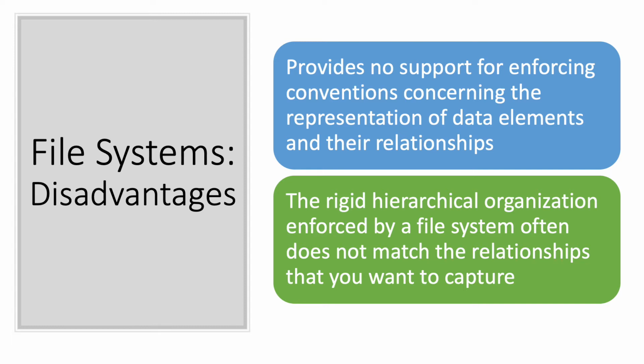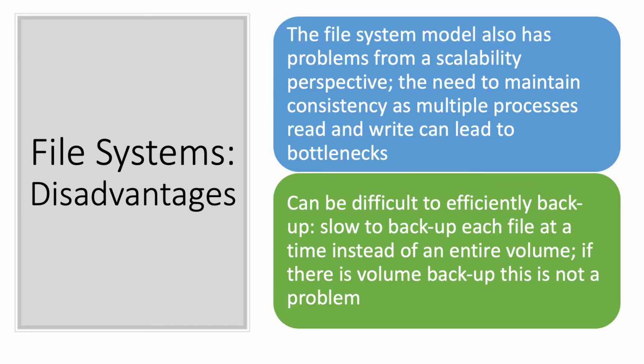And this, while it's an advantage in that people know it now and they're used to it, it's a very rigid hierarchical structure, and that doesn't always capture the relationships that you want to capture with your data. And so people have looked beyond file systems to other paradigms for storage.